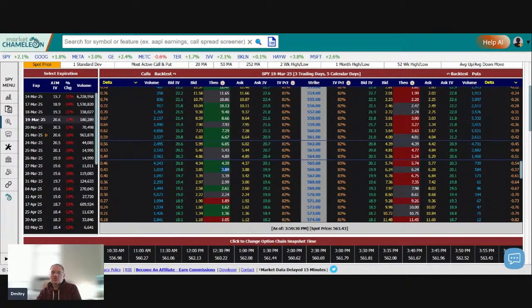In green, that's when the theoretical value is a little bit above the ask price. So the theo is higher, because we have this range, right? In the market range, the theo is higher. Outside the range, if it's lower, it lights up red. If it's higher, it lights up green.